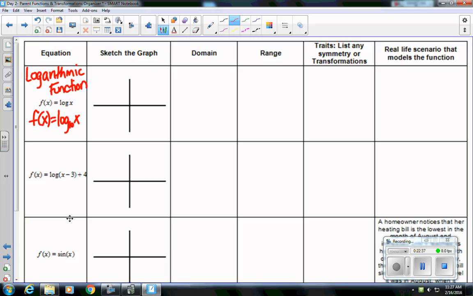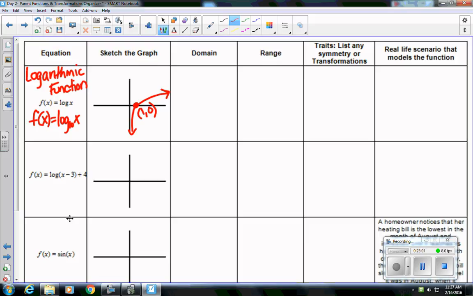And you should remember from when we did those graphs, it's going to look like this. It's going to pass through that point 1, 0. So whenever we have a parent function of a log, it is always going to pass through the point 1, 0.